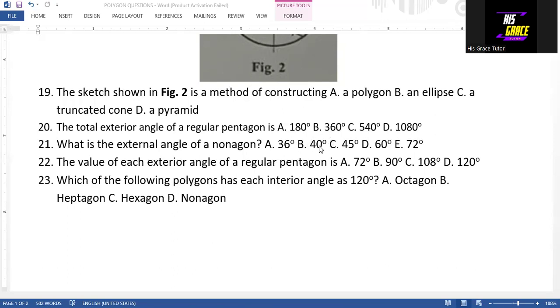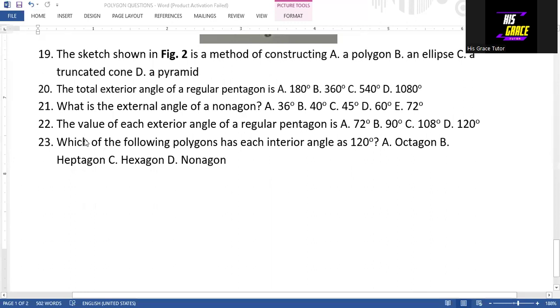So option B is the answer to this question, as each exterior angle of a regular nonagon is 40 degrees. Then question 22 says that the value of each exterior angle of a regular pentagon is 72 degrees. We have come across something like this before. So the answer is option A.